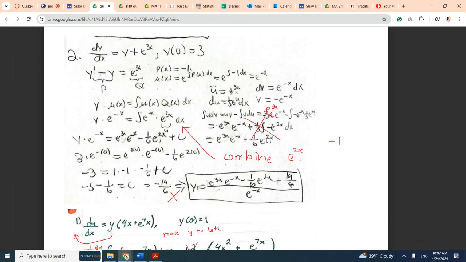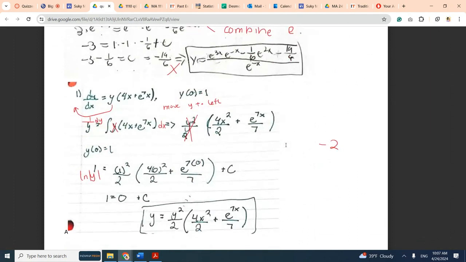Okay, so be careful. And also here, standard form. Move the y to the left. But here, when we move, we mean divide. So divide by y, and then dy, and multiply by dx. So the dx is on the right-hand side.